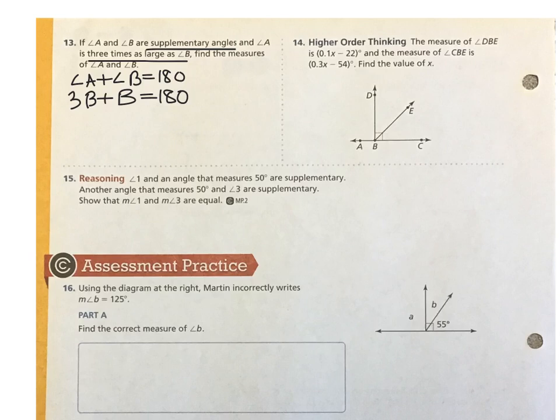But we can combine our like terms here. 3 B's and another B make a total of 4B. And that means that when I divide by 4, the measure of angle B has to be 180 divided by 4, or 45 degrees.